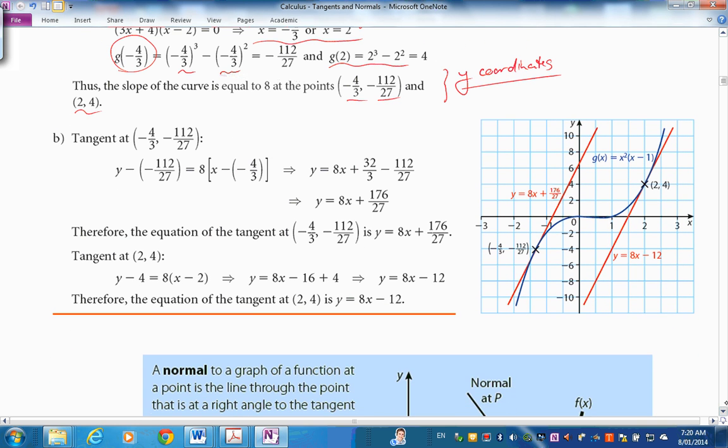So let's come down and do some equations. First of all, at this point, what are we going to do? Y take -112 on 27 over x take -4 thirds equals 8. And then multiplying across. They've gone multiplying across. Messy fractions here. Okay. Change it all to 27ths without a calculator.